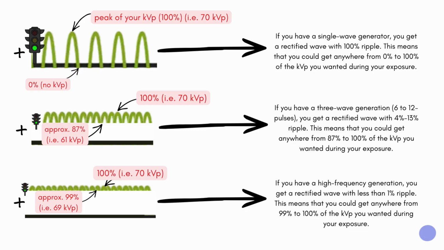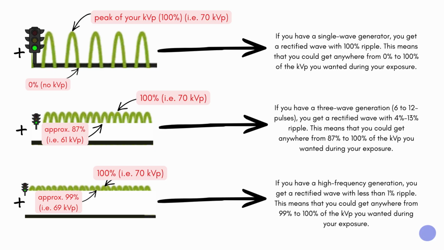3-wave, maybe some systems still use it. So waves are 3 waves at a time, and even with more pulses, depends on the system, you'll get within 4 to 13%. I need to double check these, but basically what that means is you'll get anywhere between 87%, which is, you do 100 minus 13, you'll get 87, right?